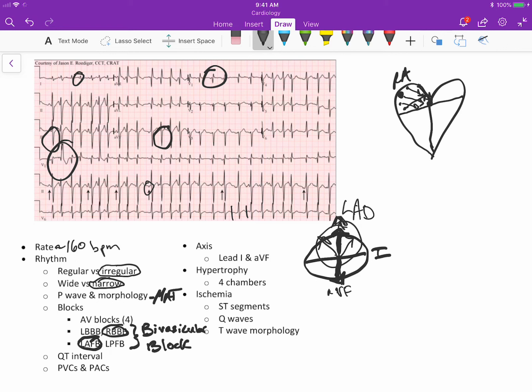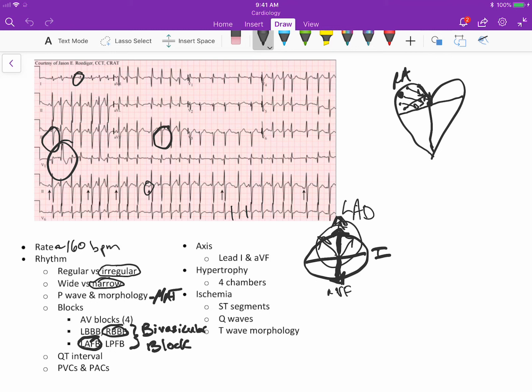Hypertrophy. Okay, let's look at lead 2, of course, our P waves. Could be some right atrial enlargement. Again, it's hard to tell because it's multiple foci going off, so not quite as reliable. Let's see here in lead V1 that I'm looking at now. Yeah, I'm not convinced that there's any atrial enlargement.